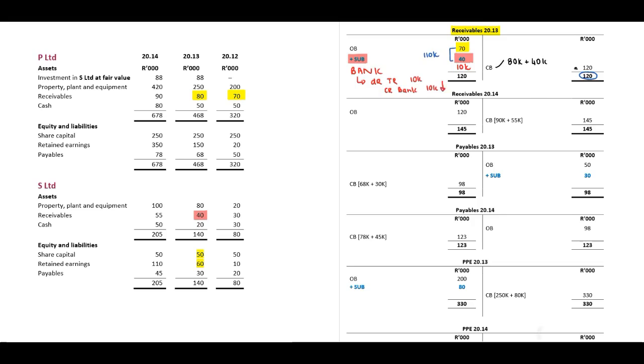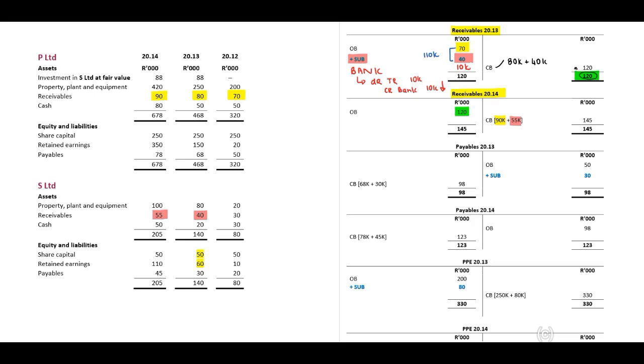Now, when you refer to the receivables for 20.14, guys, opening balance is the closing balance from our prior year, 120,000. Our closing balance for 20.14 will be our 90,000 from P plus the 55,000 from S, and the total will be 145,000.